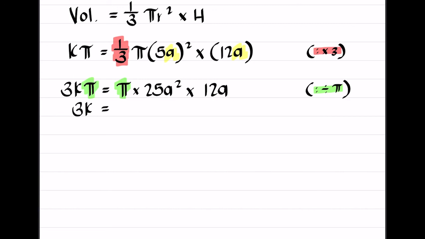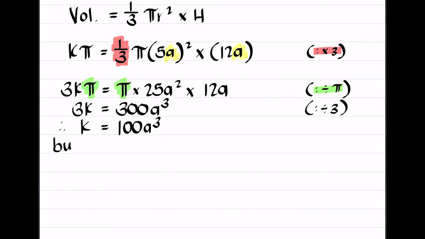25 times 12 is 300. a squared times a is a cubed. To isolate the k further, I'm going to divide both of these sides by 3. So 3k divided by 3 is k, equal to 300a cubed divided by 3, which is 100a cubed.